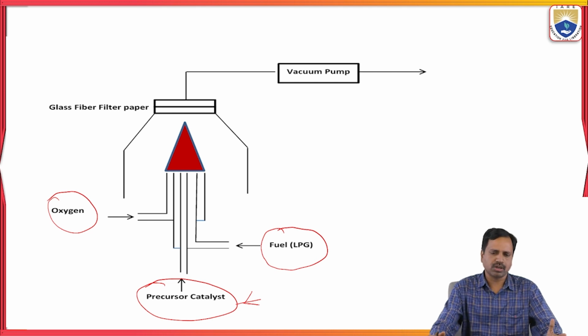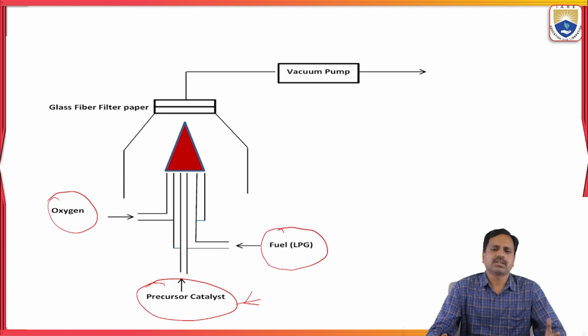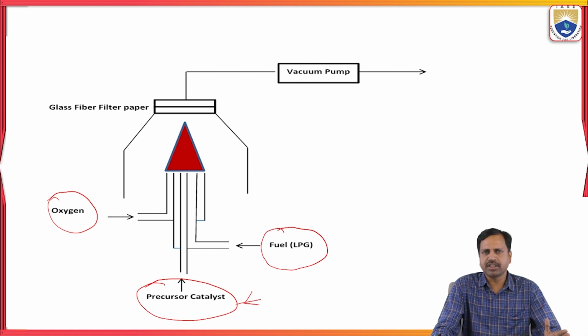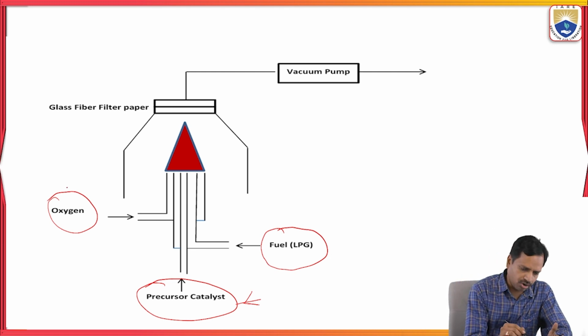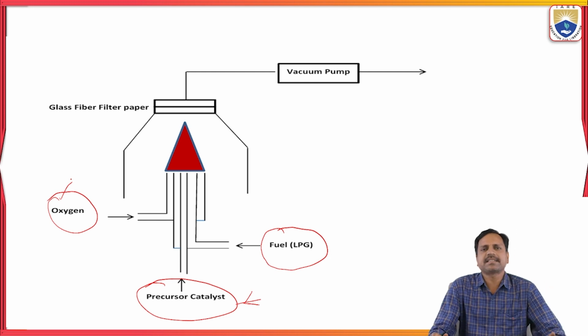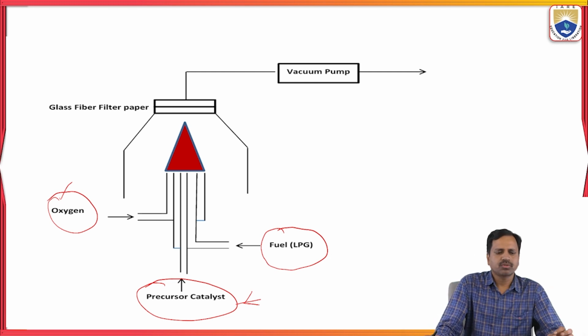Why is it called the combustion method? In this method, first we take a flame with the help of any fuel, like hydrogen, methane or LPG, any hydrocarbon fuel, and we take oxygen or air as the oxidant, any oxygen source.